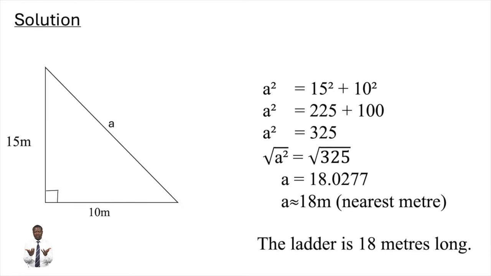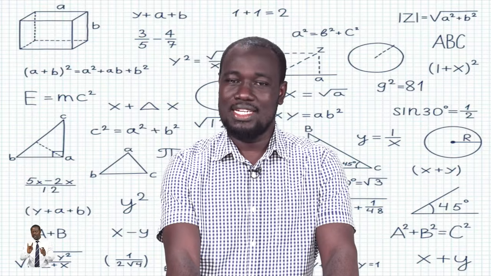Therefore, our a is equal to 18.0277. Our question asks us to leave our final answer to the nearest meter, and that gives us 18 meters. Therefore, the ladder is 18 meters long. I believe this is very understandable.